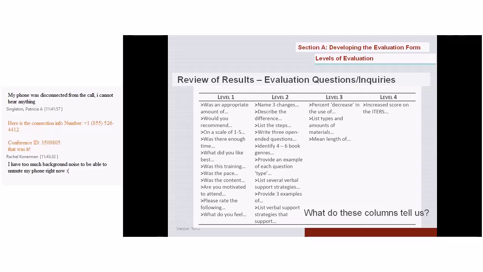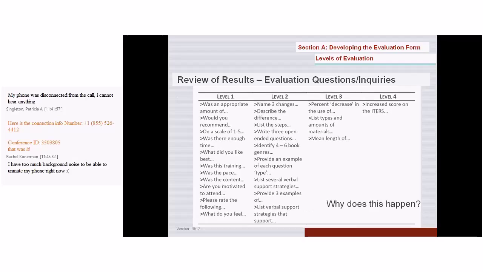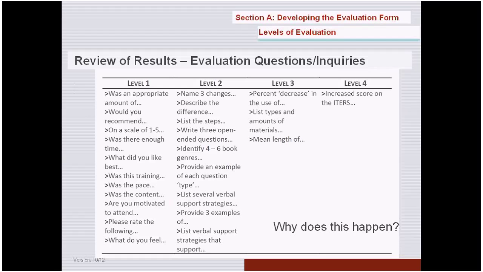Level 1 and level 2, you have a strength in that area? You're using them? Okay, that's exactly right. And that's what I want you to get out of this particular graph. Very, very important information. So why do you think that happened? Why do you think that most of the questions people sent in were level 1 and level 2 evaluation questions?